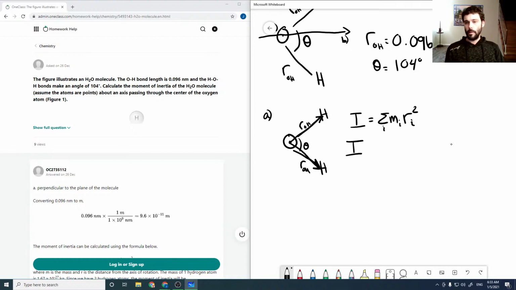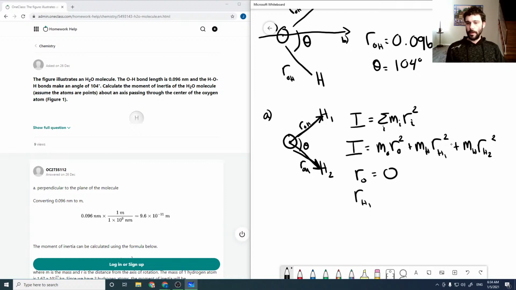And so our moment of inertia is just going to be the mass of oxygen times R of oxygen squared plus the hydrogen terms, where I've labeled H1 and H2. But of course the oxygen term won't matter because RO is 0. RH1 is equal to RH2.